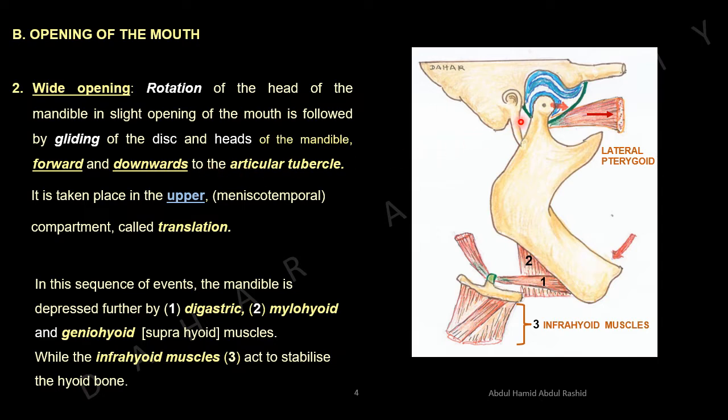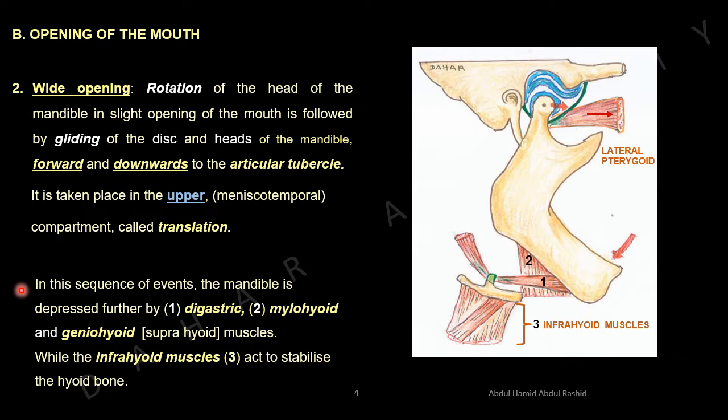That means in wider opening, the head together with the disc glides forwards to beneath the tubercle. It takes place in the upper, that is menisco-temporal compartment, and is called translation.